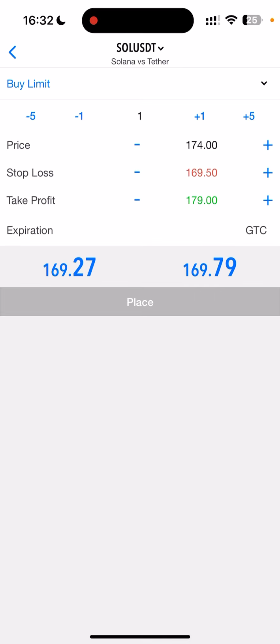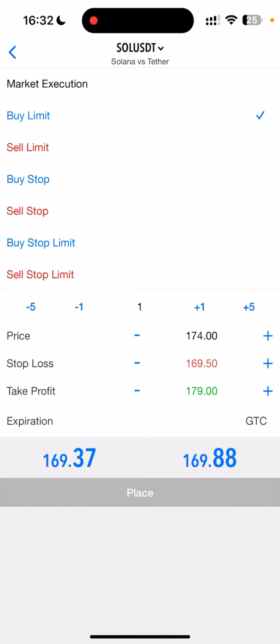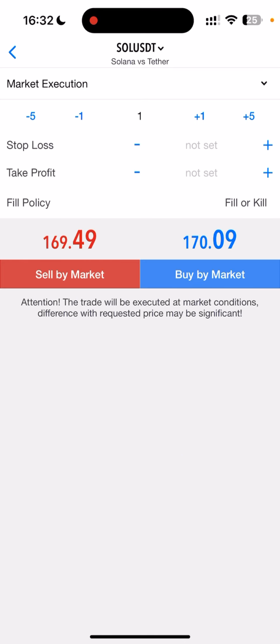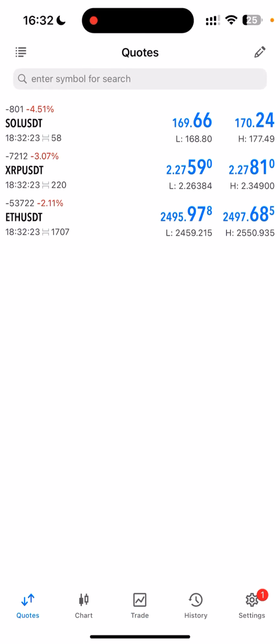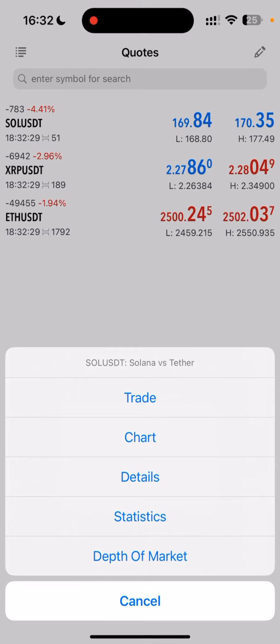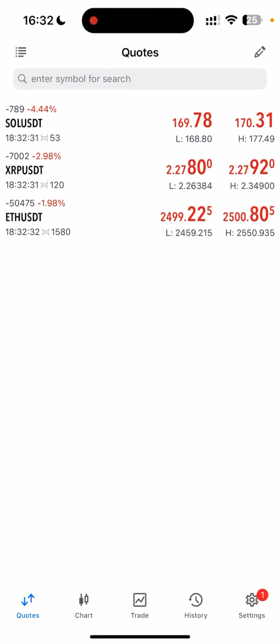Also, guys, remember, it's not every time that it is going to be a buy limit. Sometimes it is market execution. What you always want to do, once you get the notification that the trade is given, is come and check if it is around the entry price.